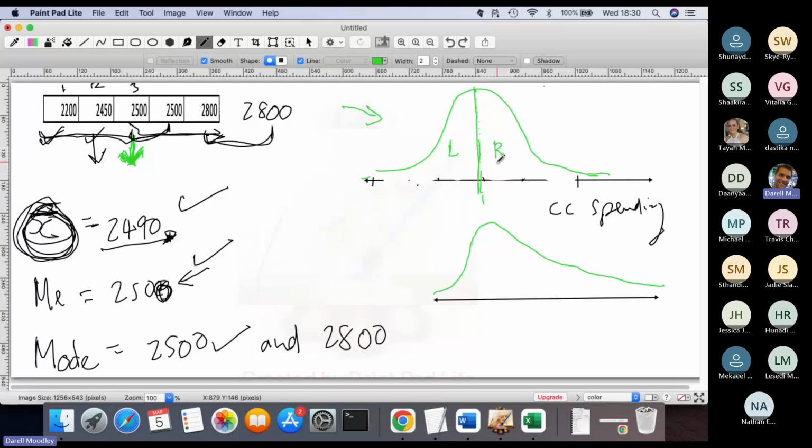It's like a mirror image of each other. However, in the bottom one, there's the highest point here, I draw a line going down. This left side is not the same as the right. You can see this right side is much longer. So this is not symmetrical. So this is symmetrical.